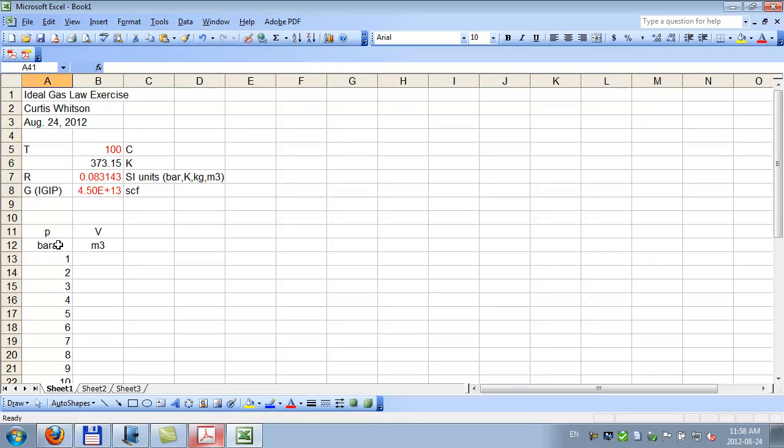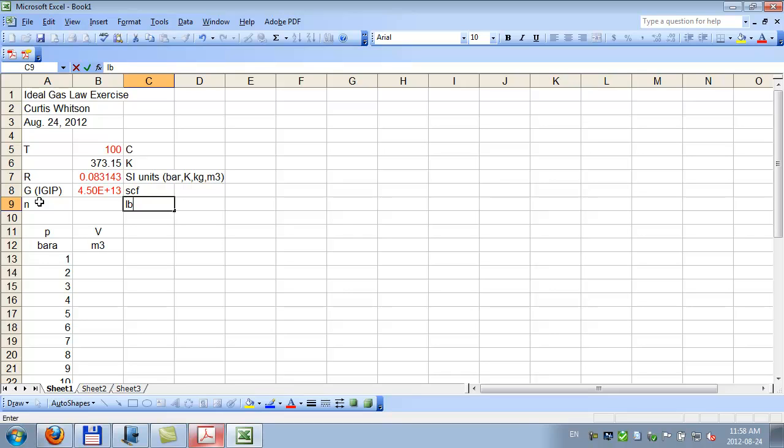Now, to calculate the volume, you need the pressure, temperature, and number of moles, right? We don't have the number of moles yet, right? But we do have, of course, now I'm mixing units.